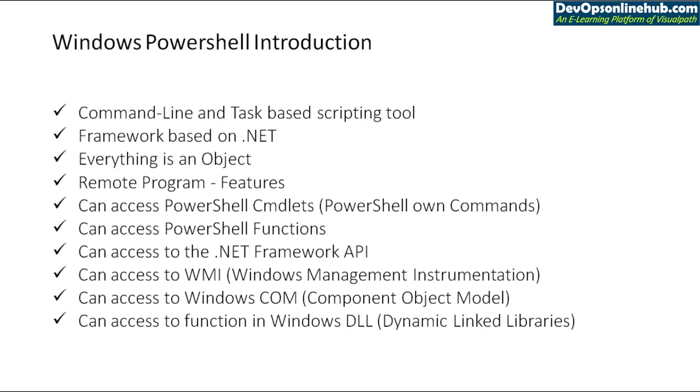So a Windows batch file is completely text processing, but Windows PowerShell is object processing. This is a very great feature that makes PowerShell unique when compared with all the scripting languages. And we are going to discuss all these objects and everything in upcoming sessions too.